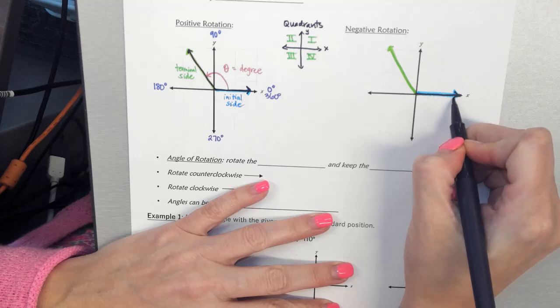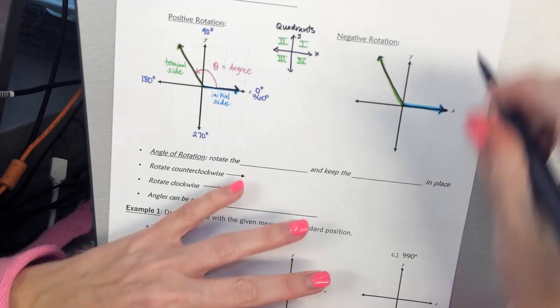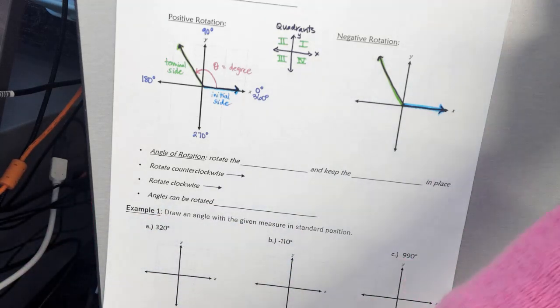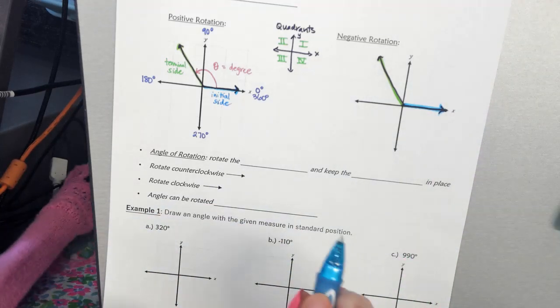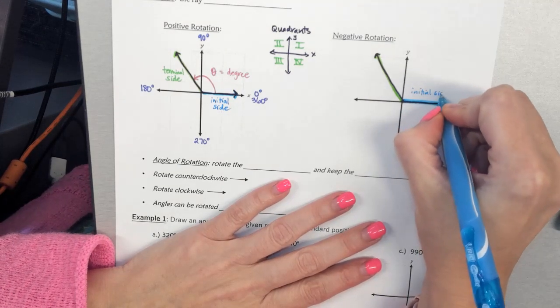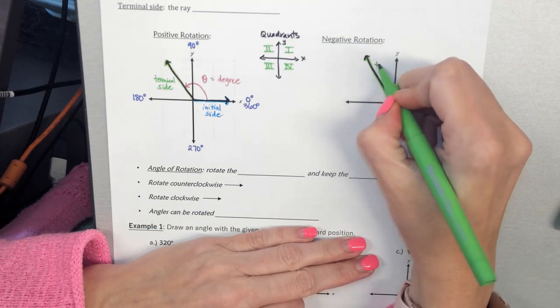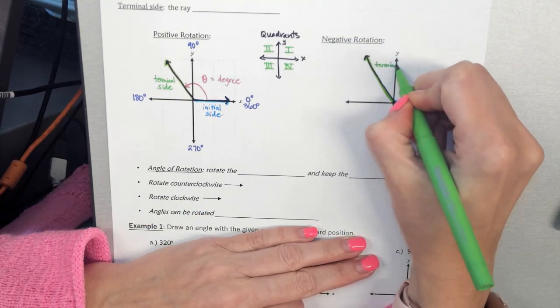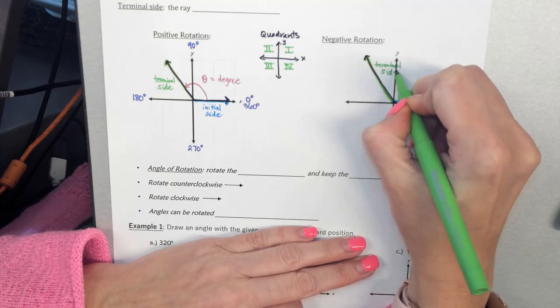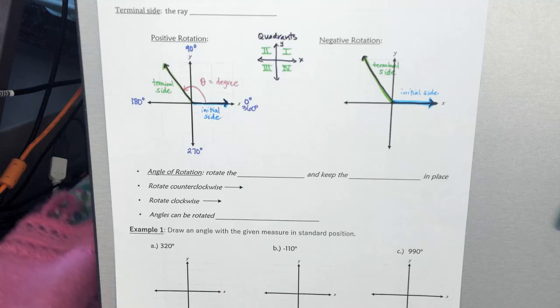We start here, end in there. This is your initial side. This is your terminal side. You will not have to write this for every single one. We're just writing these out for these two because we're defining them.